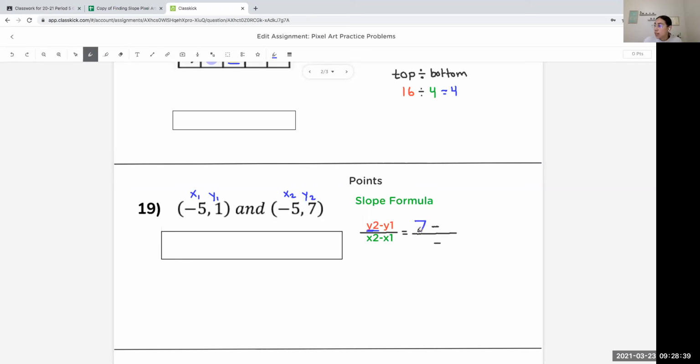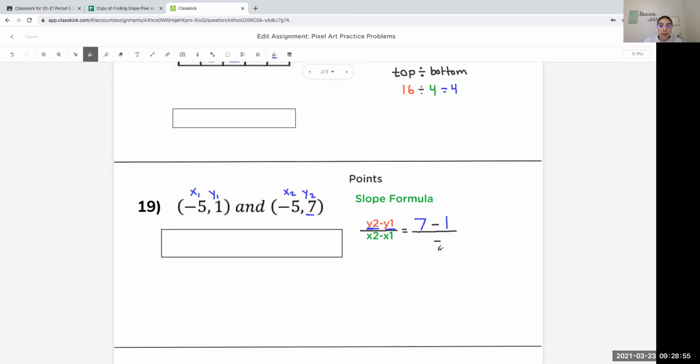So we need to write 7 here in the front. That is our second y. In the back of our subtraction sign, we need our first y. What is our first y? Yes, thank you. Perfect. Do the same with your x's. What is our first x? Our second x, x2. Thank you, -5. And in the very back here, what is our x1? Yes, -5.